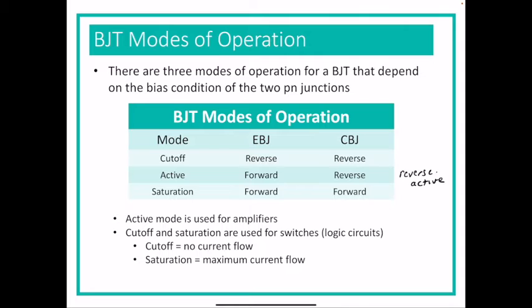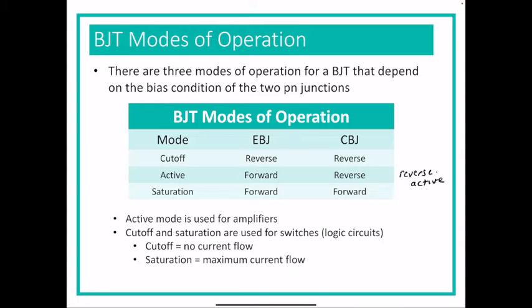Now, I will warn you that when we look at the characteristics of the current and the voltage, it's going to look really similar to a MOSFET, and it is really similar to a MOSFET. You're looking at base current instead of gate-to-source voltage, but other than that, we're relating the collector-emitter voltage and the collector current, which is similar to relating the drain-to-source voltage with the drain current.